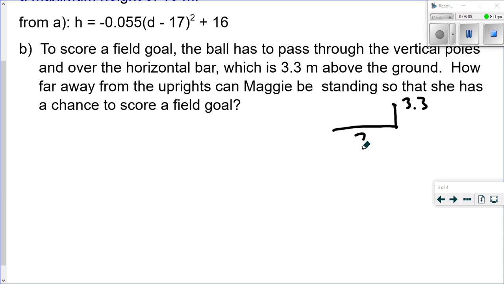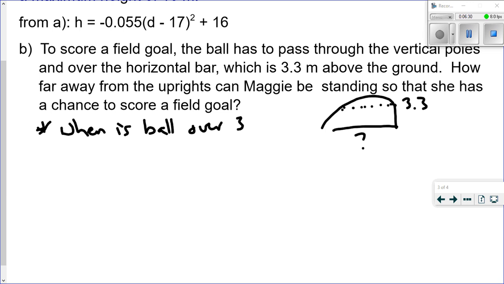How far must Maggie be standing so that she's got a chance of scoring a field goal? In other words, how long? In other words, when is the ball over 3.3 meters?